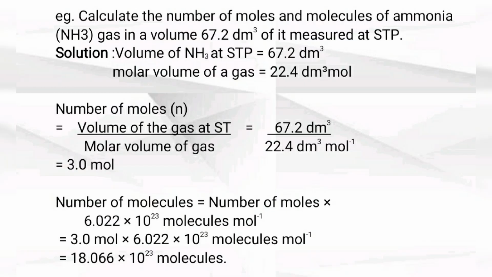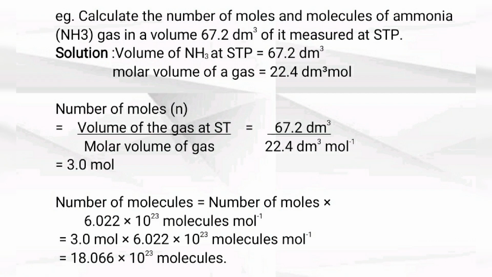By using this formula, we will solve a sample problem. Calculate the number of moles and molecules of ammonia gas in a volume of 67.2 dm cube measured at STP. Solution: see, the volume of ammonia at STP given is 67.2 dm cube. We know that the molar volume of a gas is 22.4 dm cube per mole.